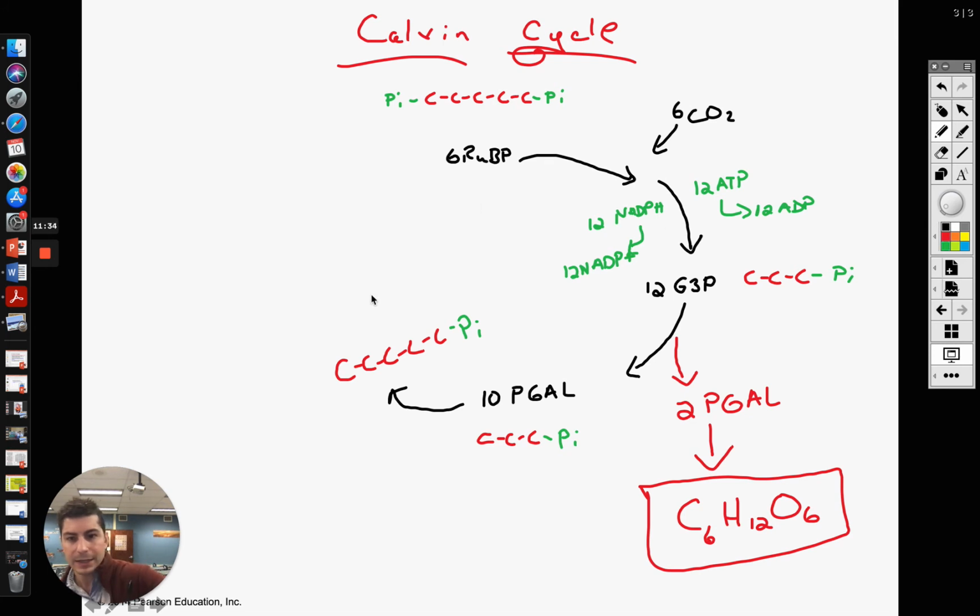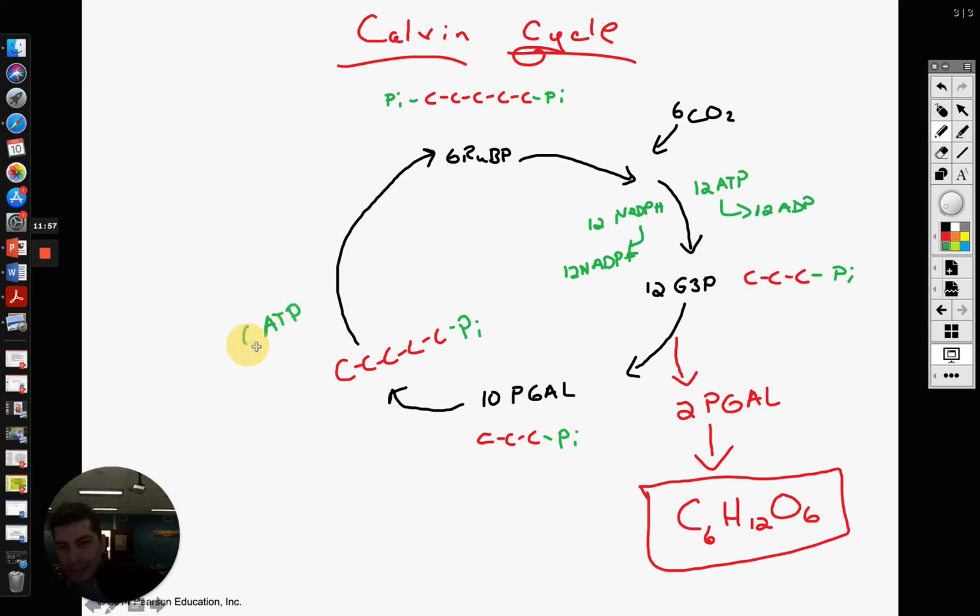And then lastly, in order to stabilize it again, and again, I'm not going over all the unstable ones here with you guys, we are going to, once again, bring in some ATP. How many are we going to need? Well, we got 6 of these molecules, so I'm going to need 6 ATPs.